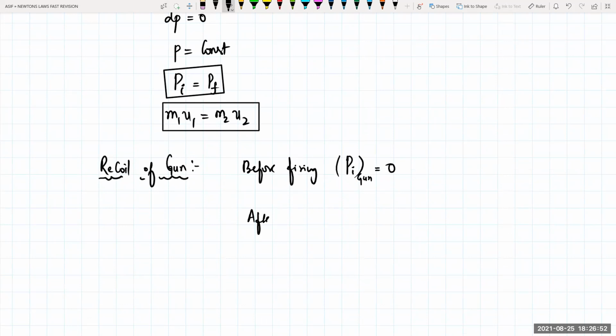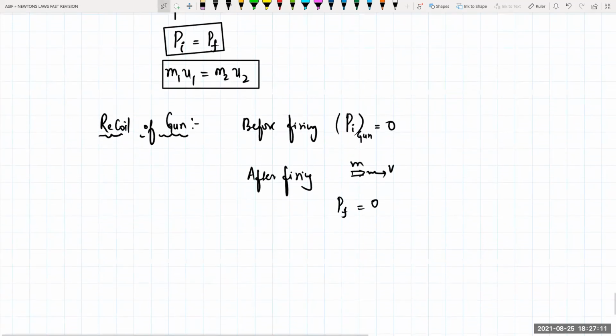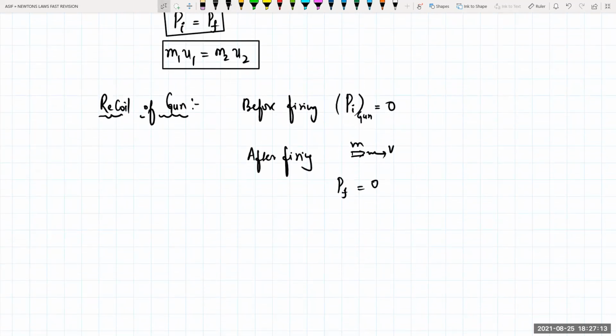After firing, the bullet is going out. Its mass is m and its velocity is v. Initial momentum is 0 and final momentum of the system is also 0. What is initial momentum before firing?